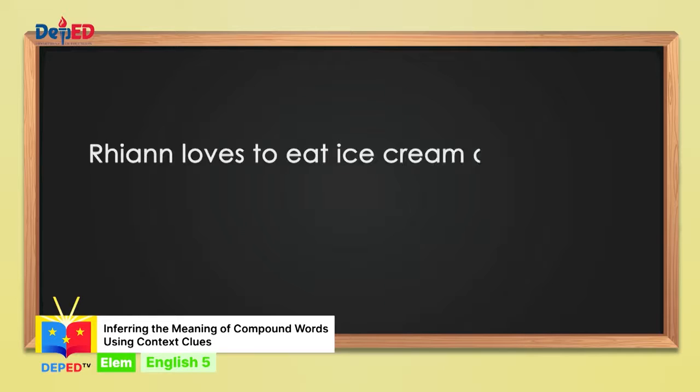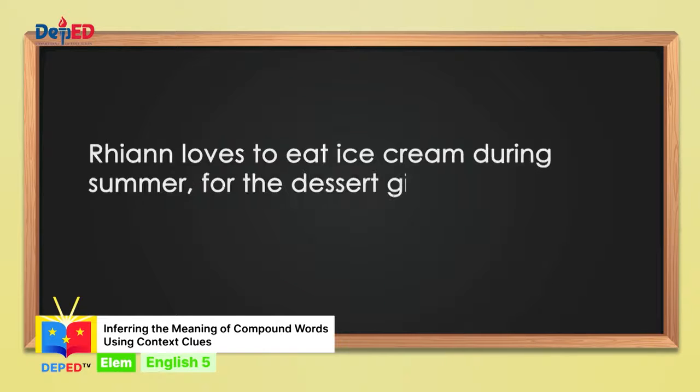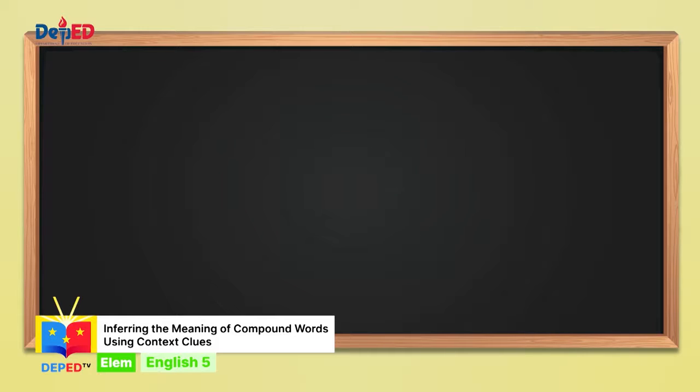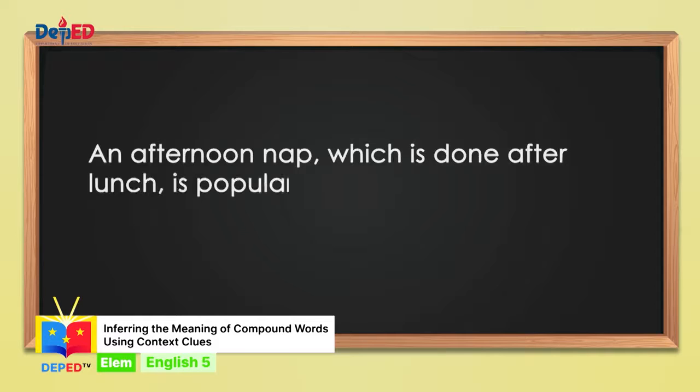Rian loves to eat ice cream during summer because the dessert gives a cooling effect. Write down the compound word in your notebook. Write down the type and its meaning as well. Here is the last sentence. Are you ready? An afternoon nap, which is done after lunch, is popular in tropical countries. What do you think is the compound word? Write it down along with the type and meaning in your notebook.